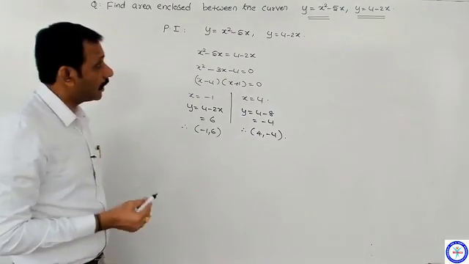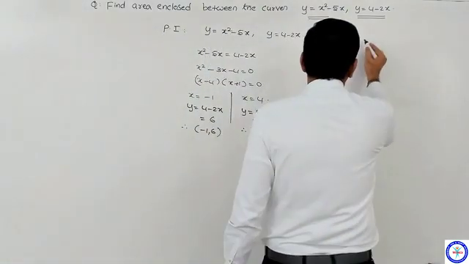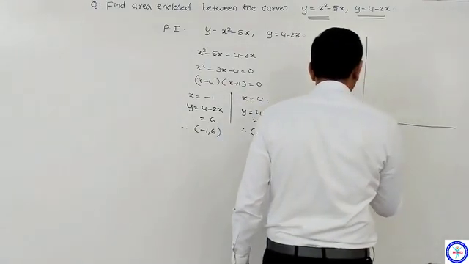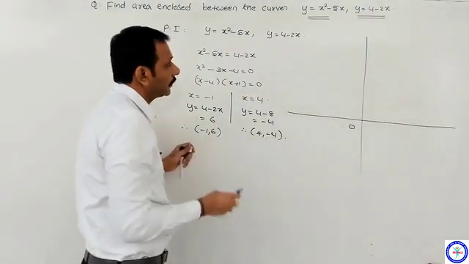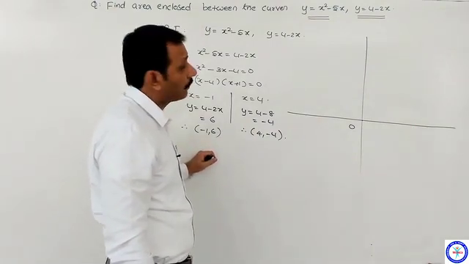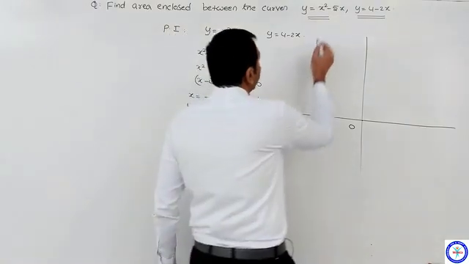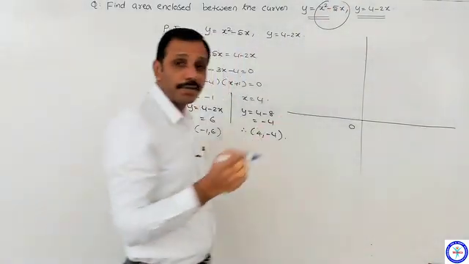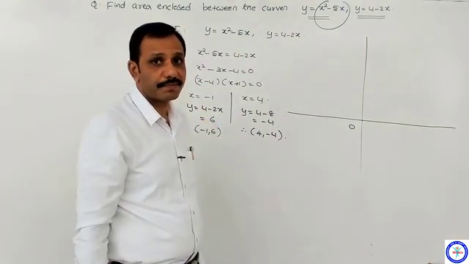Now, let us draw this graph. Let me take the coordinate axes. The parabola is y equal to x square minus 5x. It is a quadratic with the coefficient of x square positive, which means it opens upwards.